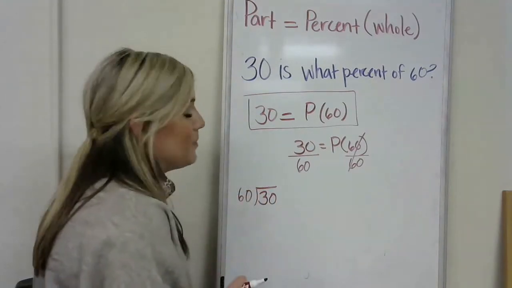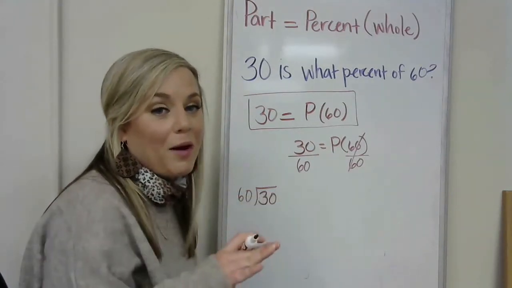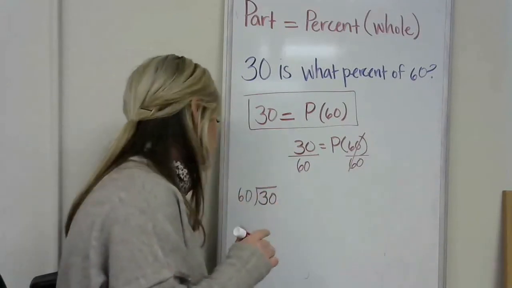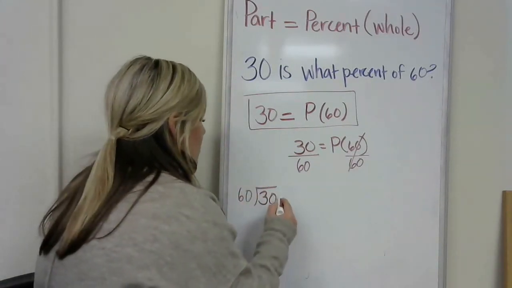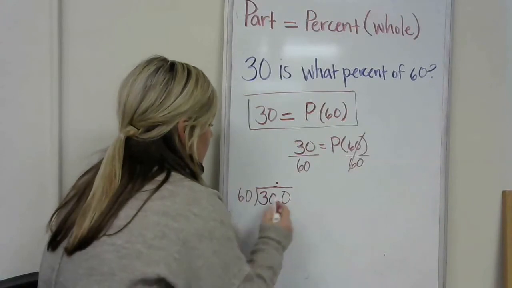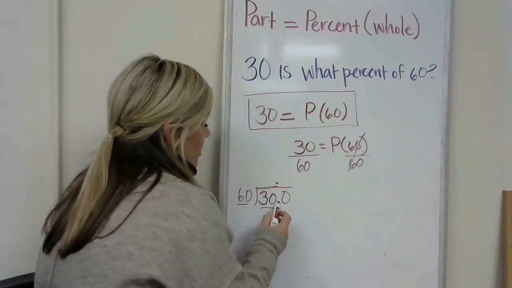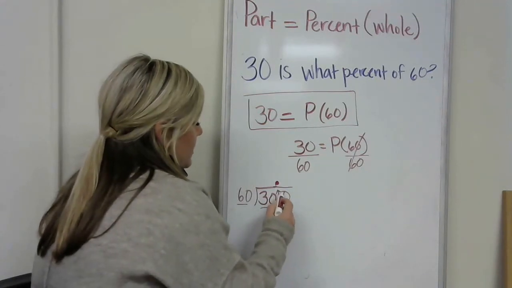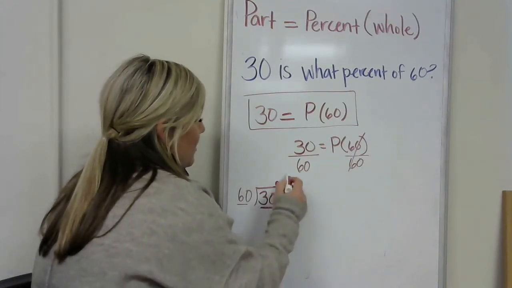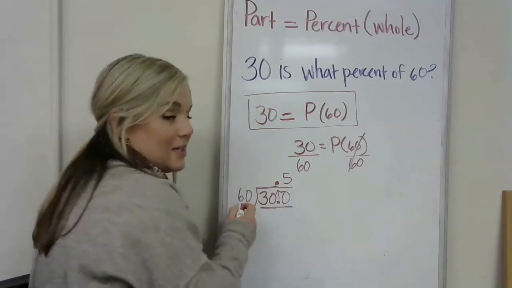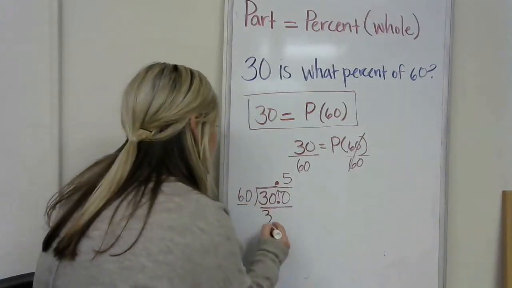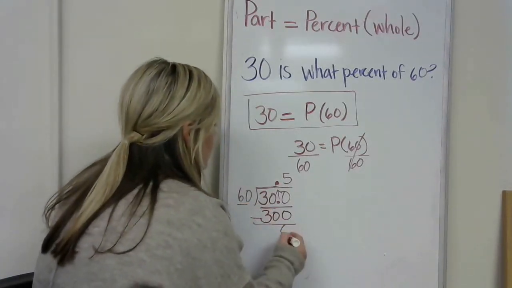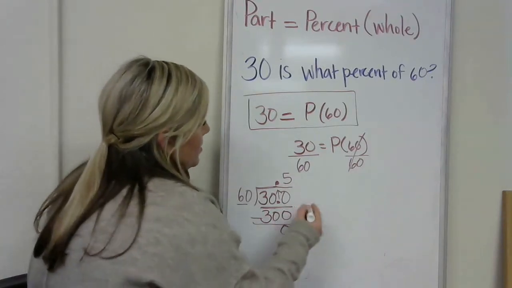Now, it's probably going to give me a decimal number, and I'm going to have to multiply by 100 to get a percentage. 60 will not go into 30, so I'm going to add a decimal, and I'm going to bring it up. 60 will go into 300 5 times, because 5 times 6 is 30, add a 0. That is good. Okay, so I have 0.5.